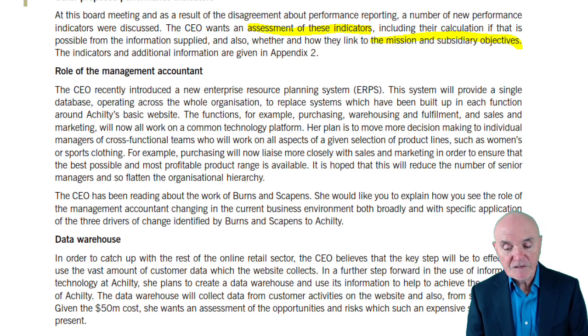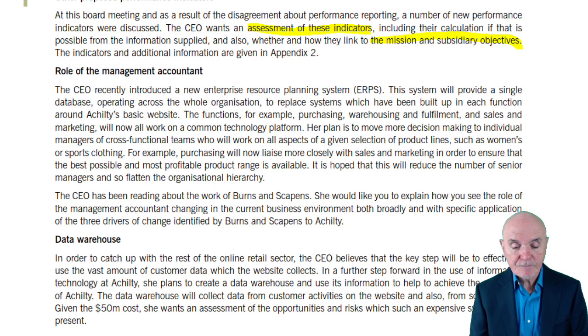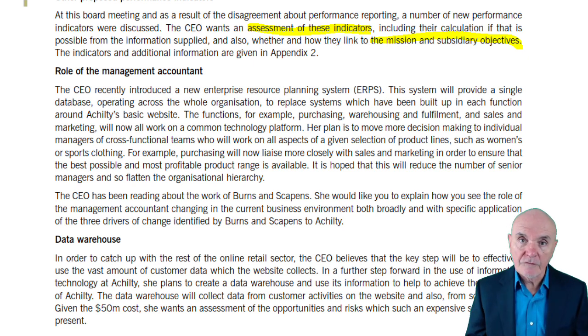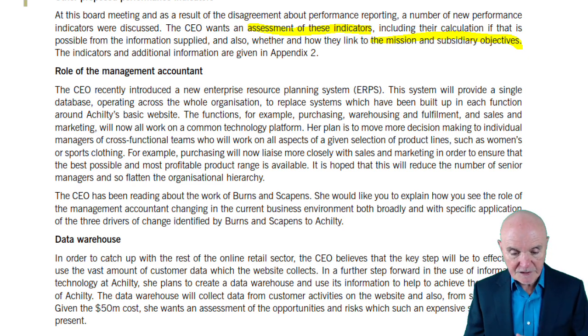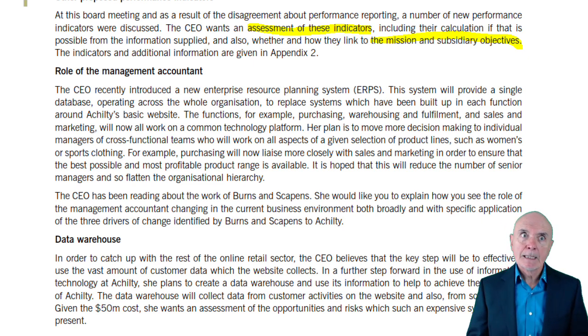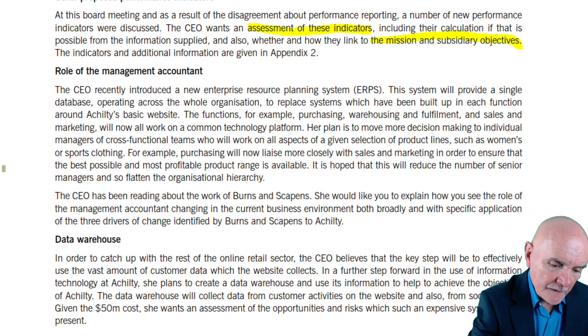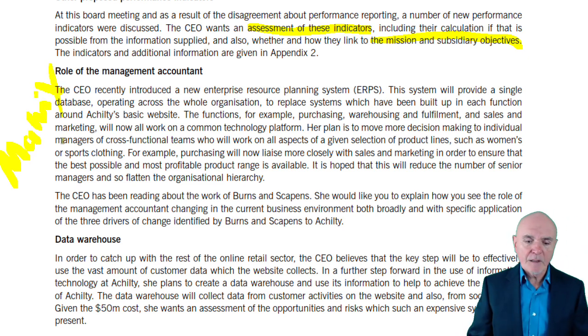The plan is to move decision-making to individual managers. In other words, essentially a devolution of power, a delegation of power down to individual managers. And these are managers of cross-functional teams. Cross-functional, are we kind of thinking here of matrix maybe? Is that a word that might come up?